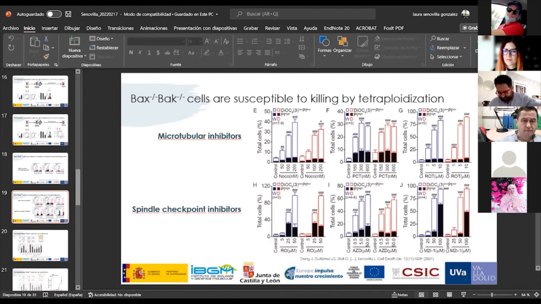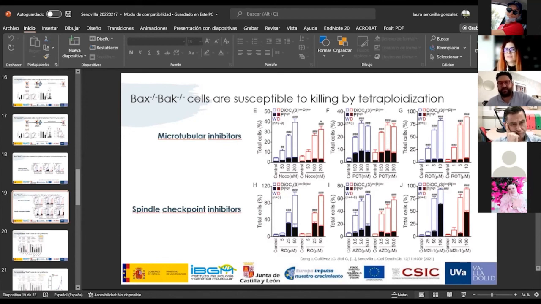Then the last question will be, if we do not have Bax and Bak, double KO, as you said, you stop proliferation and cells undergo senescence. So is there any idea to develop some drugs to inhibit this pathway when we reach a tumor, you know? Is there any idea to develop?